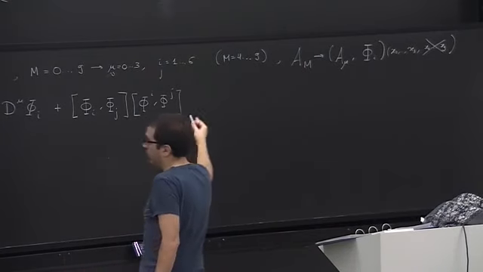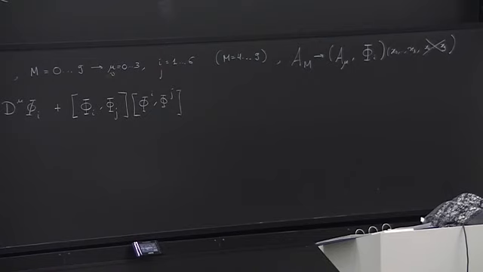Okay, so that's fine. And then you can have your psi bar D-slash psi, and this would be psi bar gamma^mu D_mu psi plus commutator of A_mu with psi.